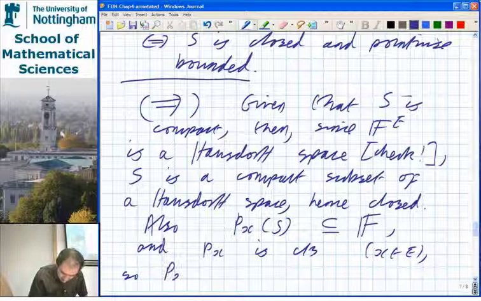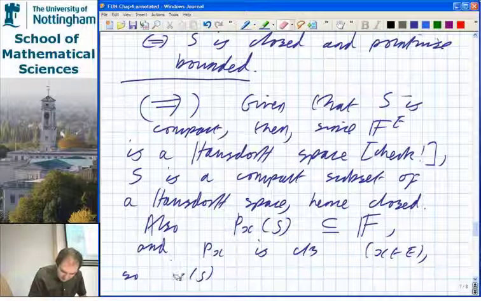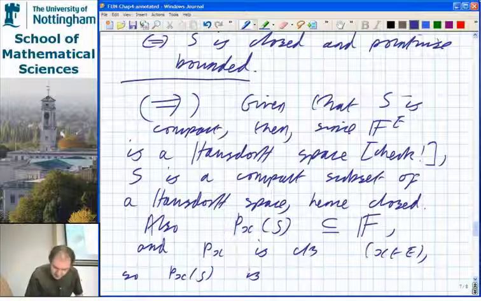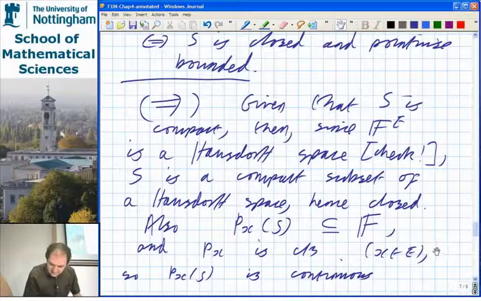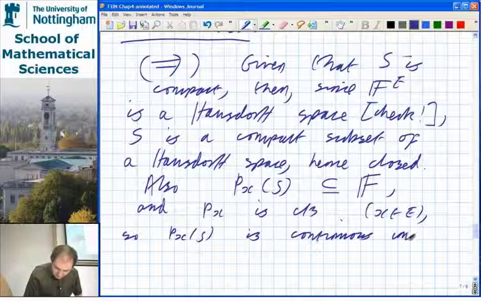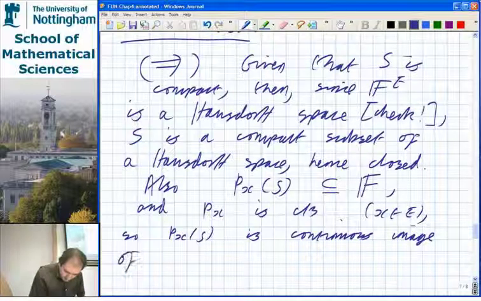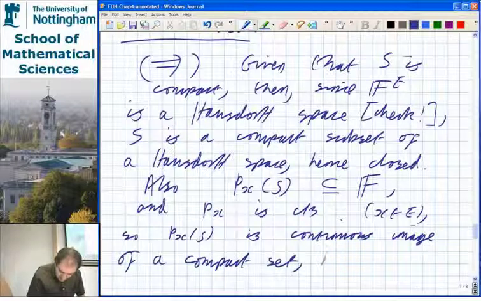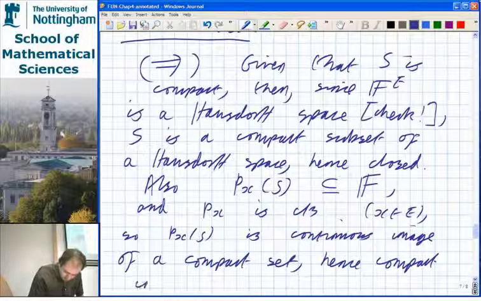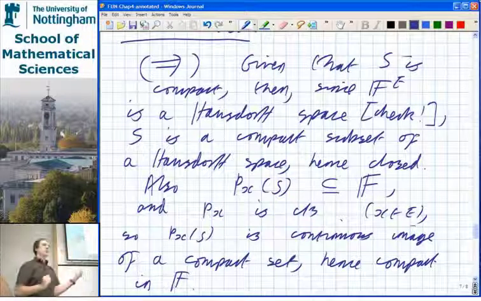So p_x of S, that's a little p, it should be. It's a continuous image of a compact set, and so it's compact in F. But F is either R or C, so we've got the ordinary Heine-Borel theorem there.